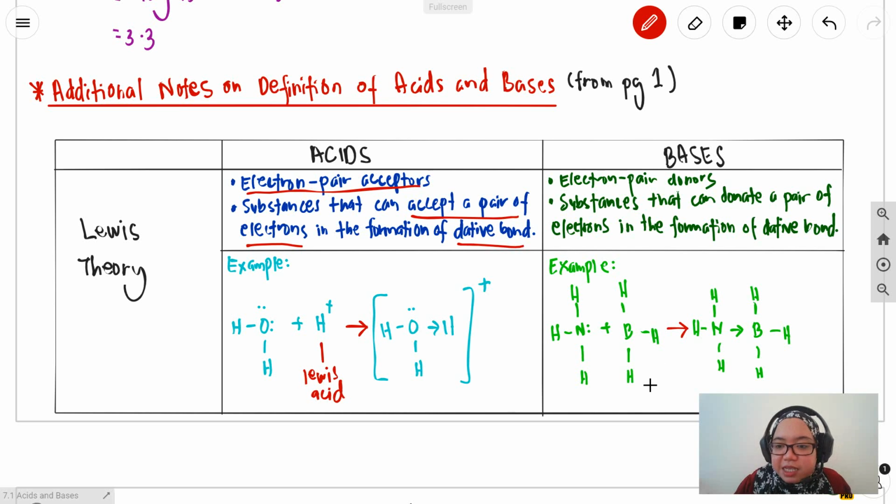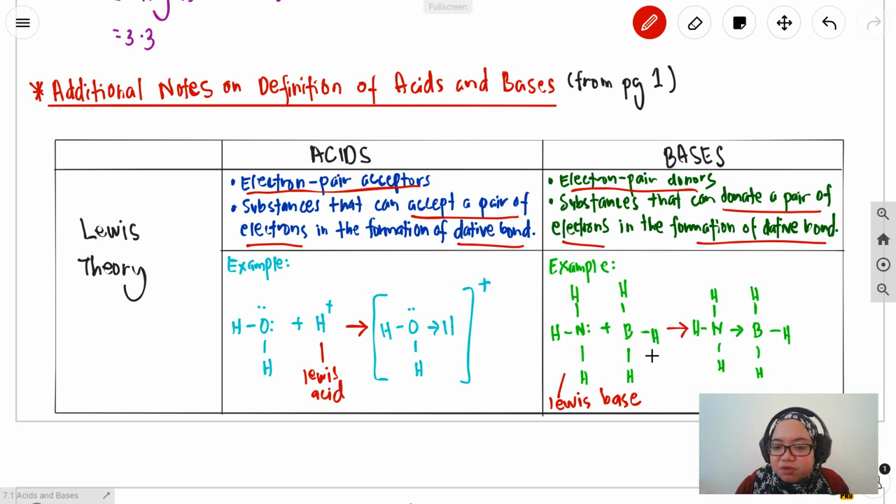So NH3 here is the Lewis base. Why? Because a Lewis base is an electron pair donor, which means any substance that can donate a pair of electrons in the formation of a dative bond. So here, NH3 is a Lewis base because it donates a pair of electrons.